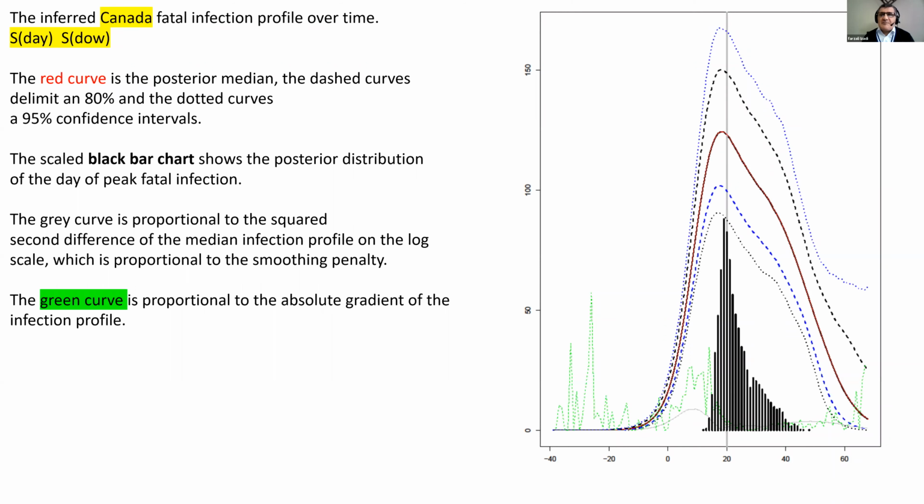The scaled bar chart shows the posterior distribution of the day of the peak of fatal infection. The gray curve, at the bottom, is proportional to the squared second difference of the median infection profile on the log scale, which is proportional to the smoothing penalty. And the green curve is proportional to the absolute gradient of the infection profile.